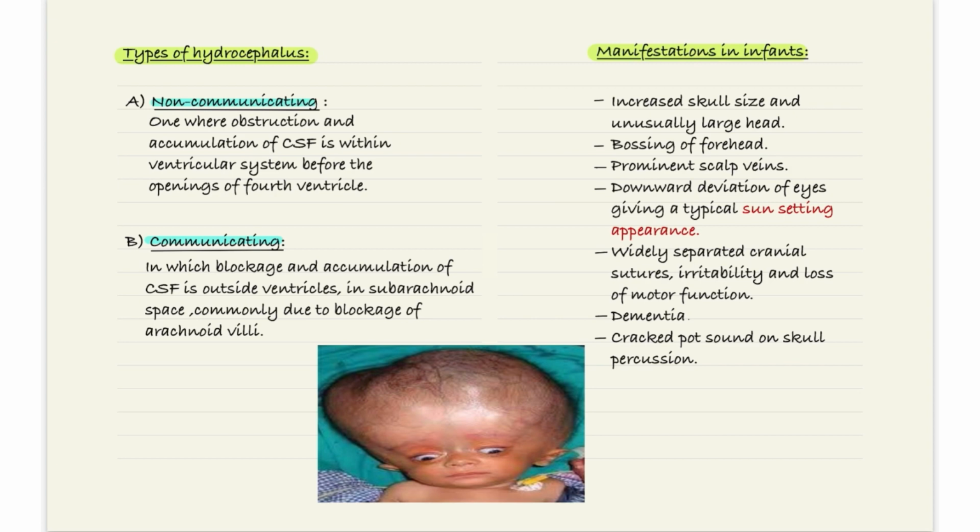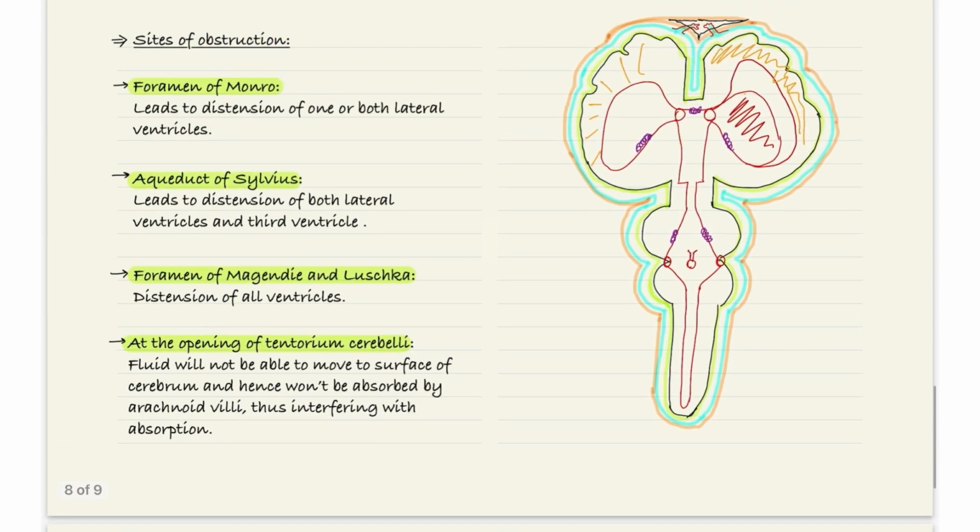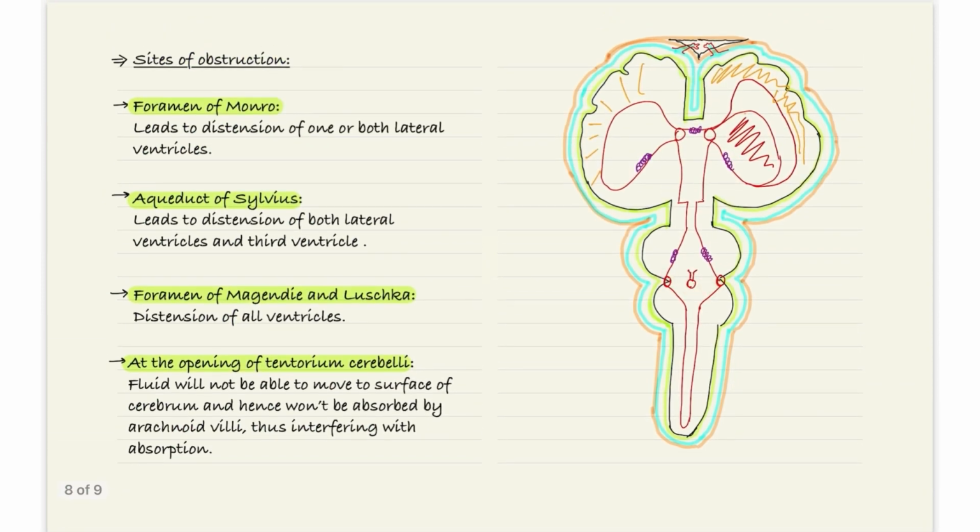Now the types of hydrocephalus. They are of two types, non-communicating and communicating. So first, non-communicating. One where the obstruction and accumulation of CSF is within the ventricular system before the opening of the fourth ventricle. So before this opening, means in this ventricular system, if there is hydrocephalus, it is known as non-communicating.